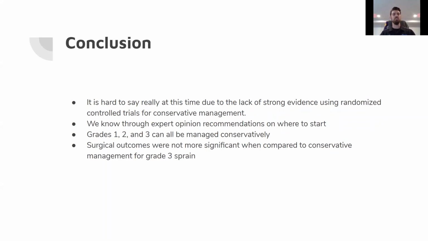So looking at a conclusion, it's hard to say really at this time due to the lack of strong evidence using randomized control trials for conservative management. We know through expert opinion recommendations on where to start, which we're going to go over in a second, and grades 1, 2, and 3 can be managed conservatively. Surgical outcomes were not more significant when compared to conservative management for grade 3 sprains. So right now we're on the fence, but if you have a grade 3 sprain, we'd rather you get your conservative management first.